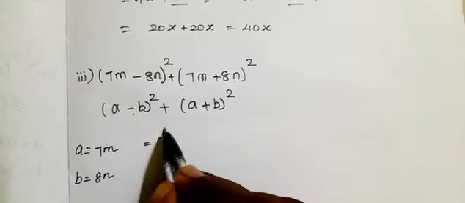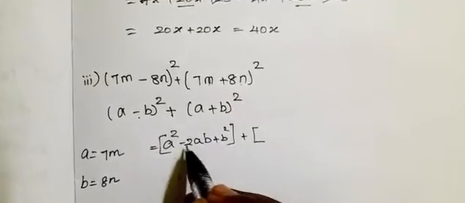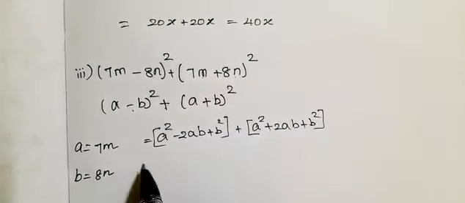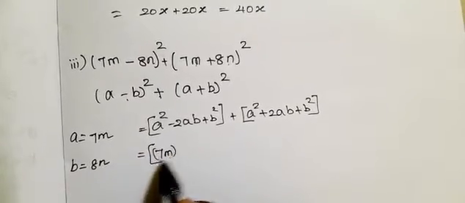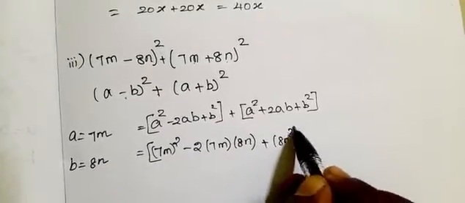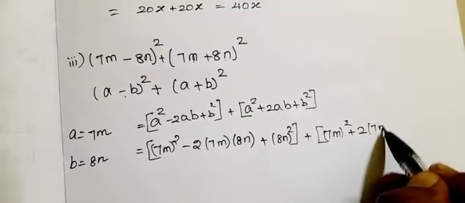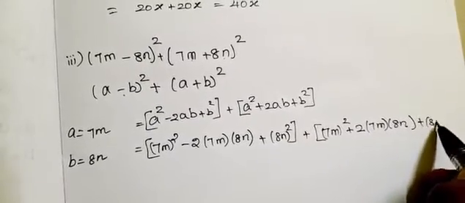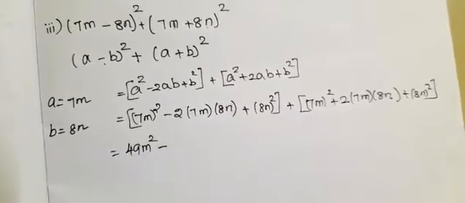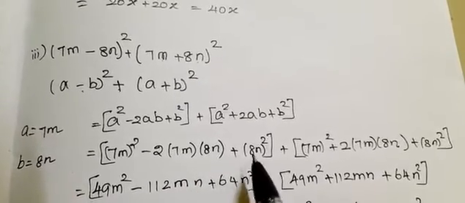So let us substitute these values now. The (a − b)² expansion is a² − 2ab + b², plus the (a + b)² expansion, a² + 2ab + b². So the a value is (7m)² − 2·7m·8n + (8n)² + (7m)² + 2·7m·8n + (8n)². 7 7's are 49m², minus 2 into 7 into 8 mn is 112mn, plus 8 8's are 64.